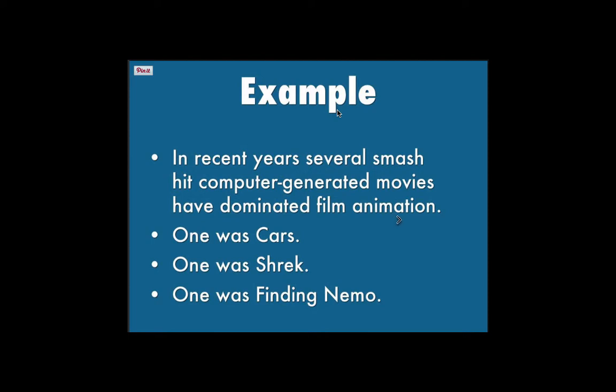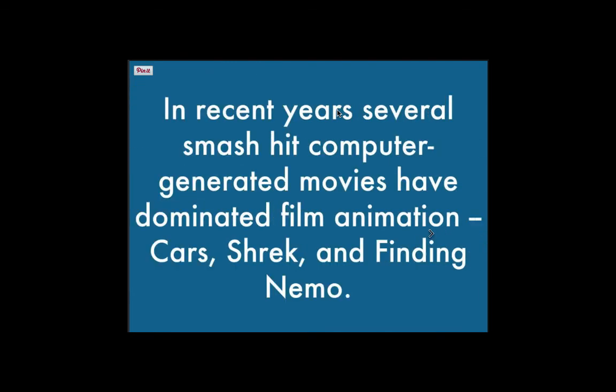We can do that very simply by putting a dash and then separating the three items by commas and ending with a period. That way your reader has added information, a definition of film animation, what you mean by that, by giving examples.